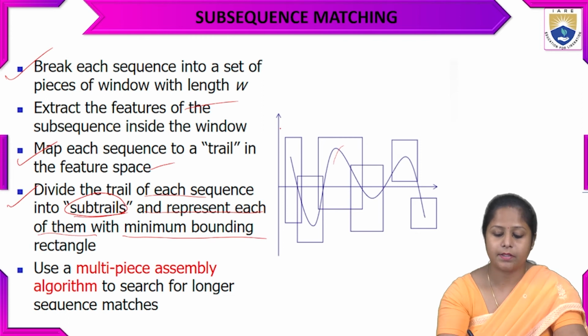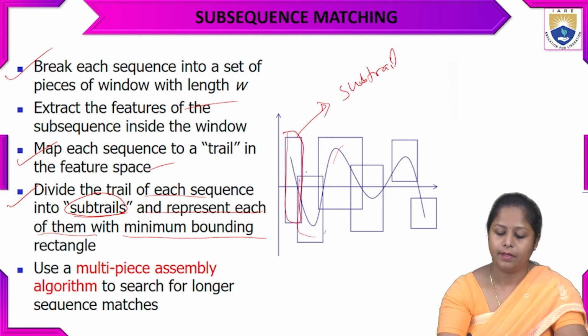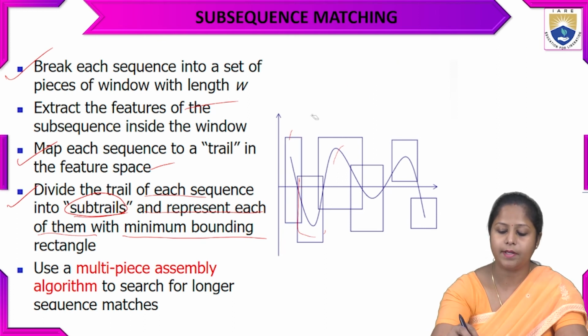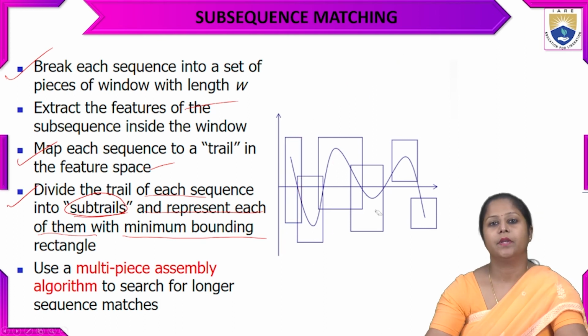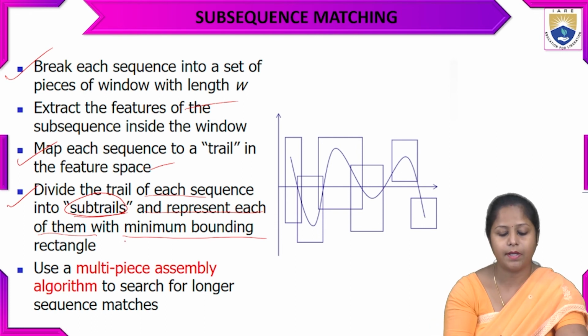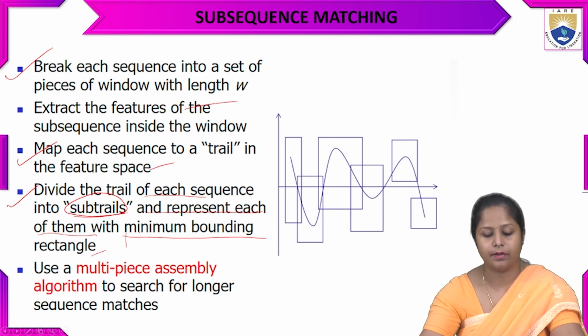The sub-trail is nothing but this boundary, and if we take one whole trail, we call that a trail. So we get the minimum bounding rectangle from that.